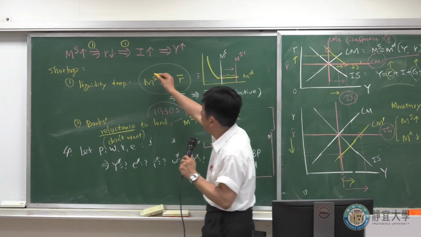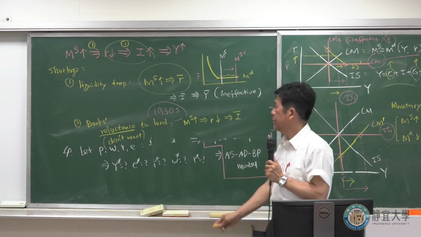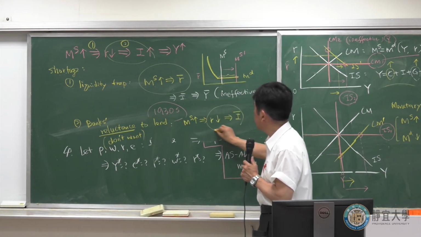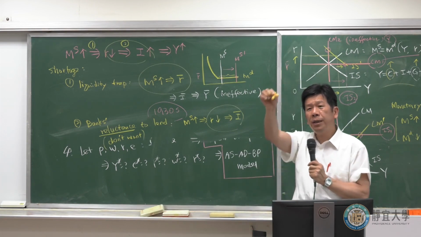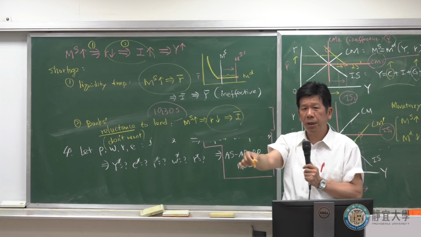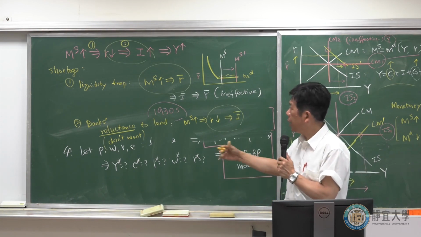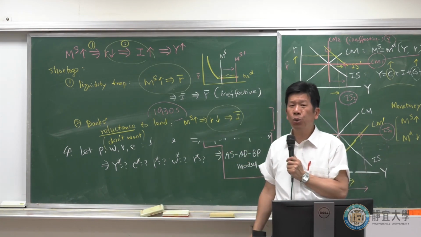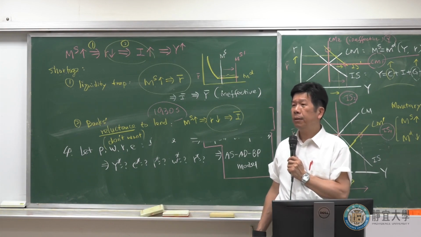So this is the second problem. Although we can let the interest rate decrease, the bank doesn't like to lend money to people or to investors. Do you know why?